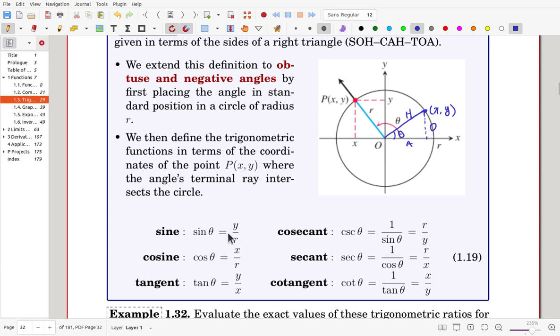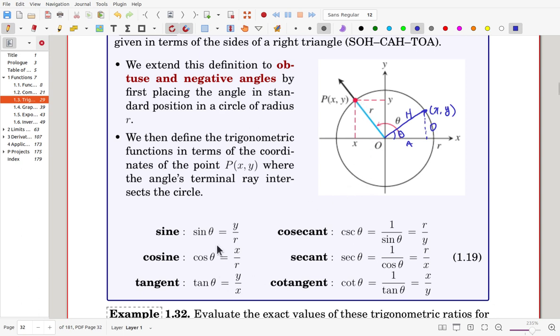So sine is the y component divided by the length r, cosine is the x component divided by r, and tangent is y over x. So basically that is a sort of slope, the change in y over the change in x from the origin to the point.